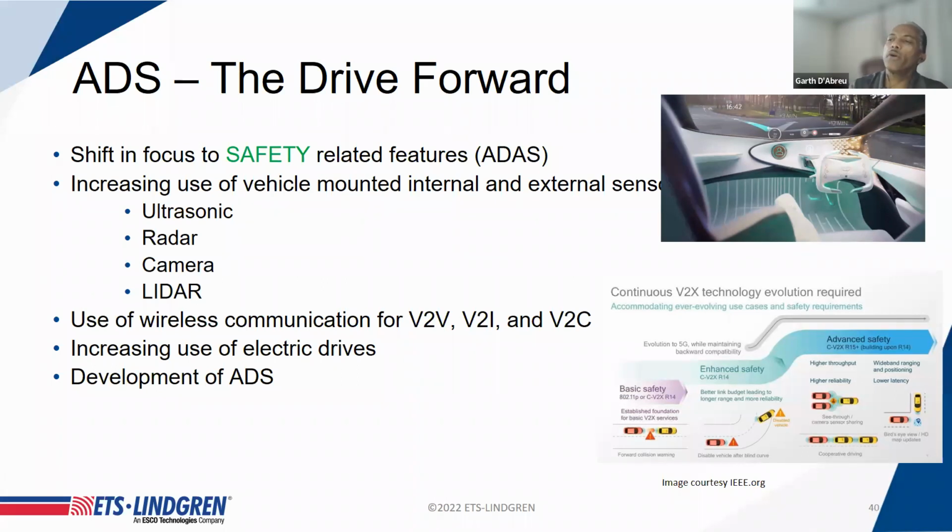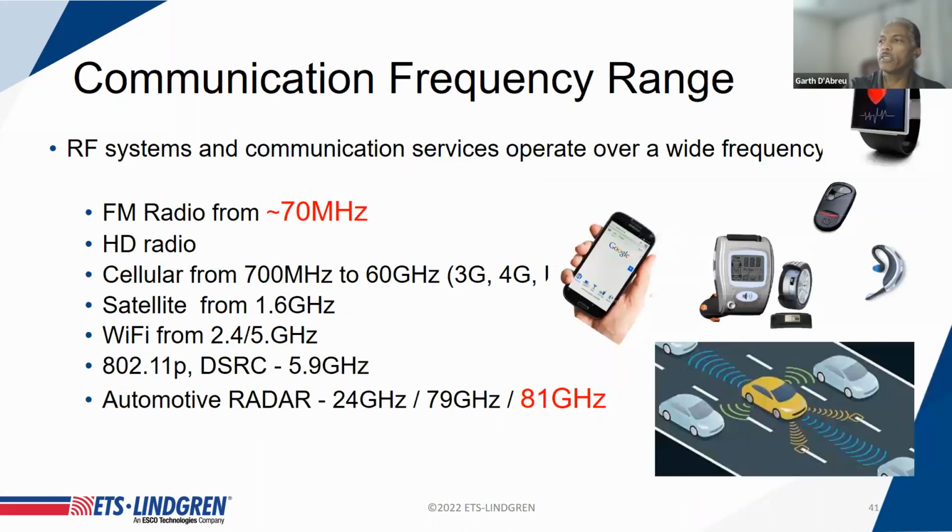So I'll talk a little bit about the antenna measurements and then talk a little bit about the ADAS side of the equation and how that plays into what we consider to be the traditional sort of RF environments.